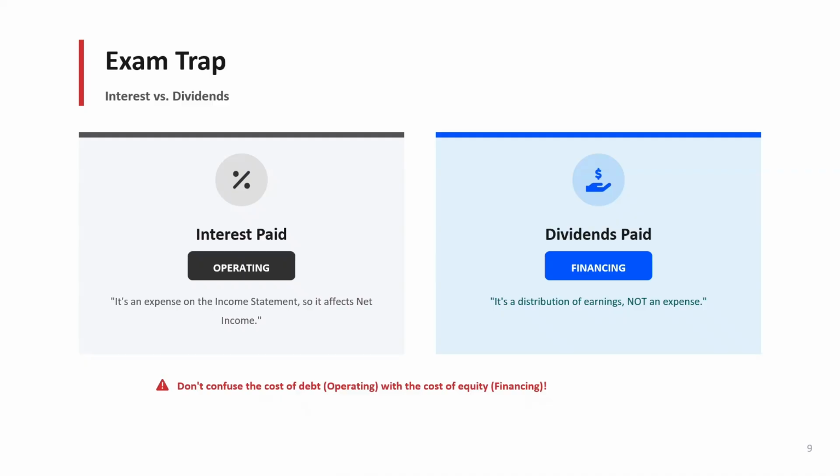But dividends paid are a financing activity because they are a distribution of earnings to shareholders, so they are not an expense. Don't mix these up. It's a frequent test point and they love to ask this one. Next, we will discuss non-cash investing and financing activities and their disclosure requirements.